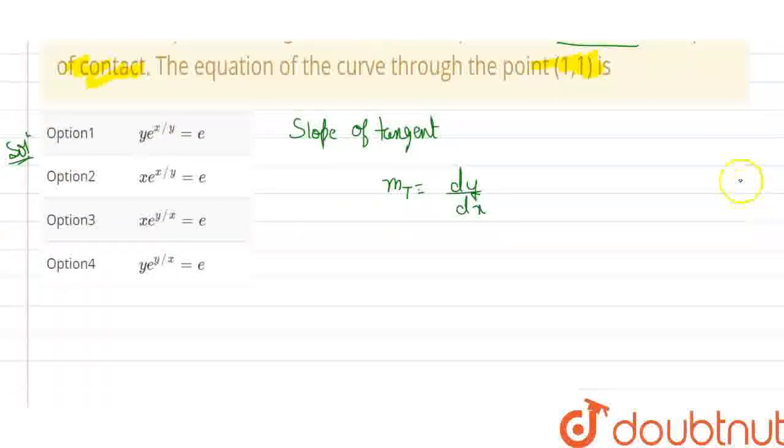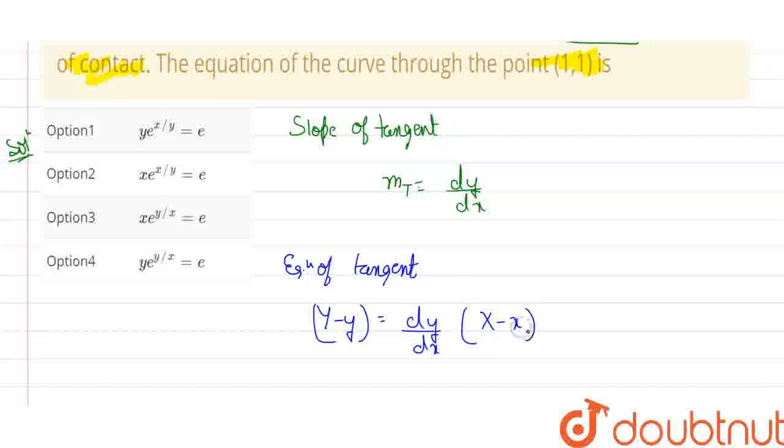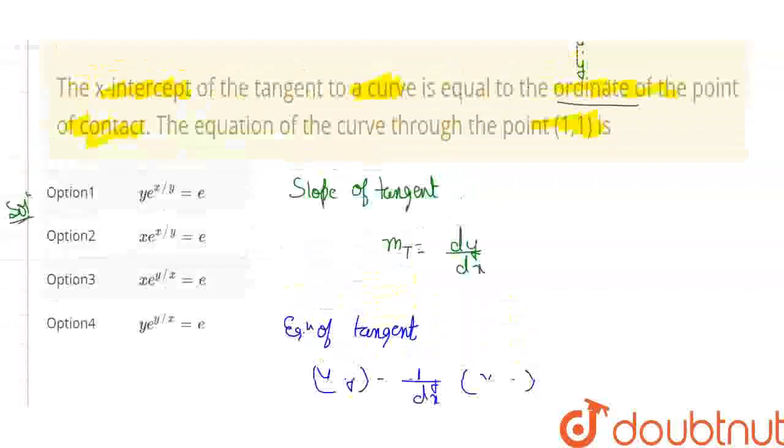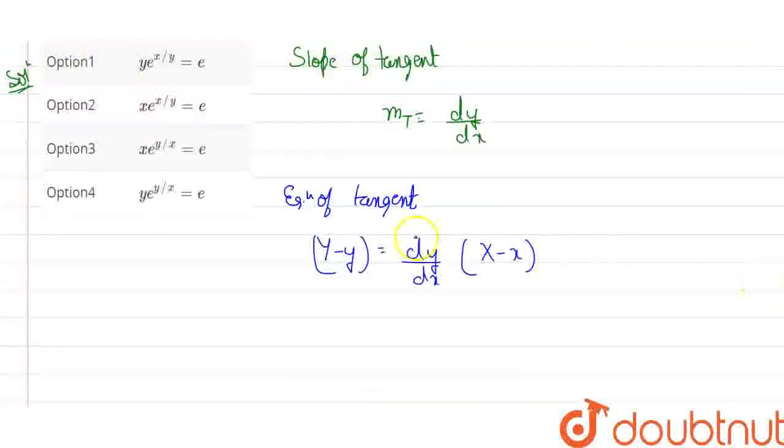So first of all, I have to find the equation of the tangent. We know that the equation of the tangent is capital Y minus small y equals dy by dx times (capital X minus small x). Here I have to find the x-intercept, and at the x-intercept capital Y becomes 0.